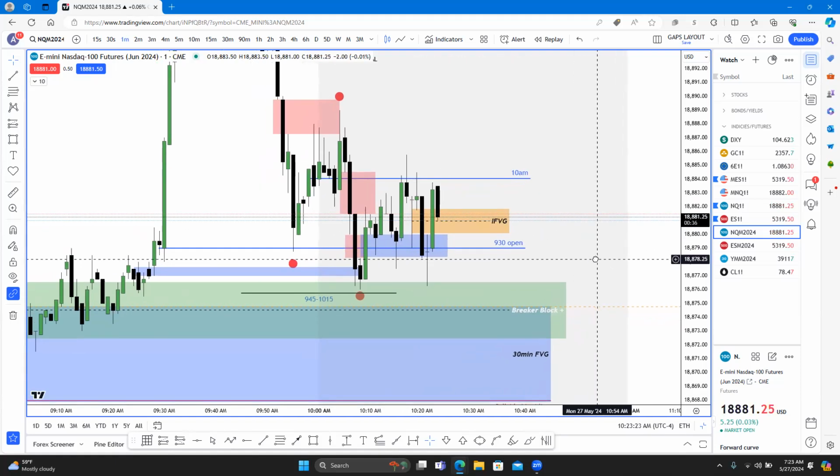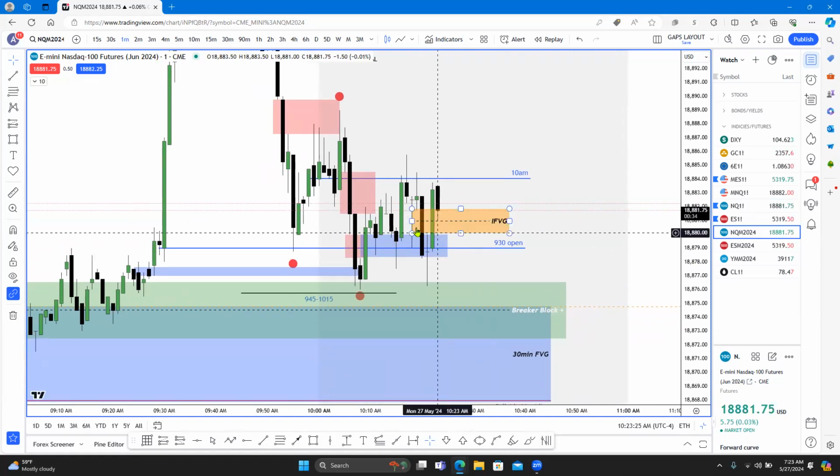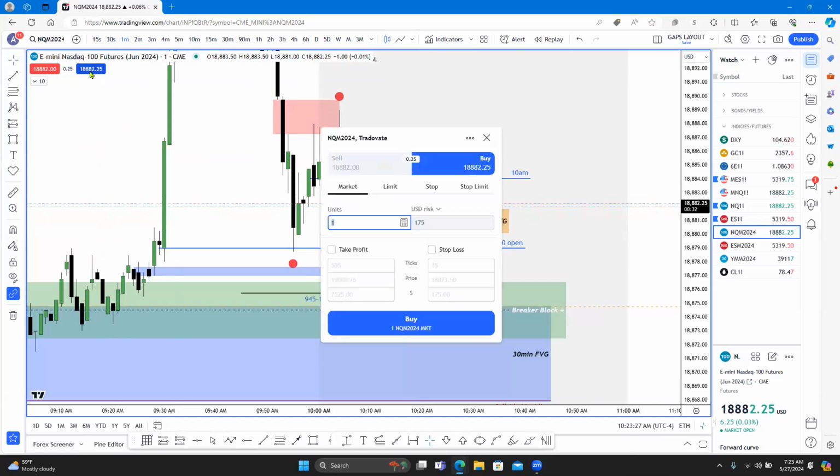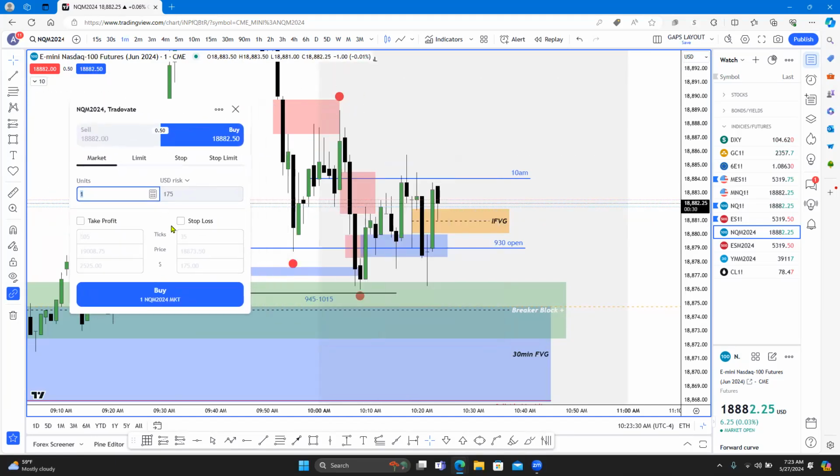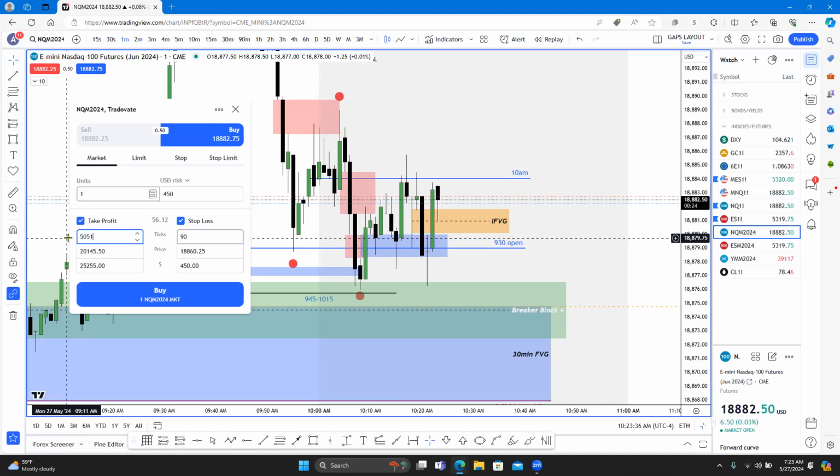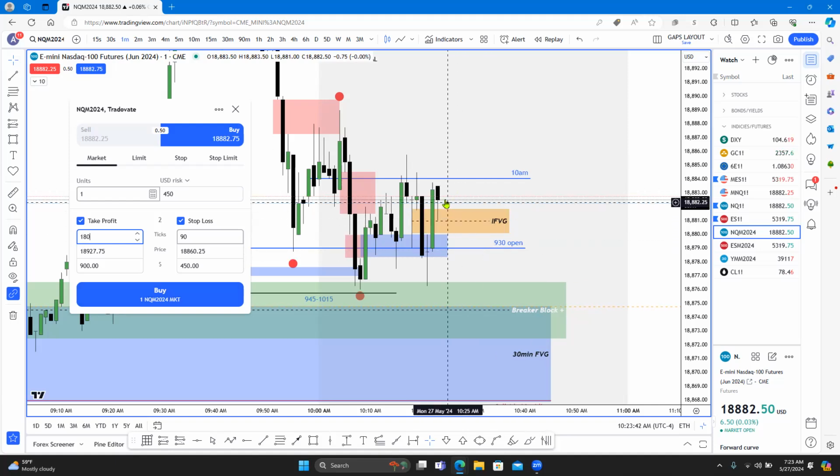We'll do one contract. Any ticks? One. Whoa. See if it drops down one more time. Get this inversion. 50% respected there.